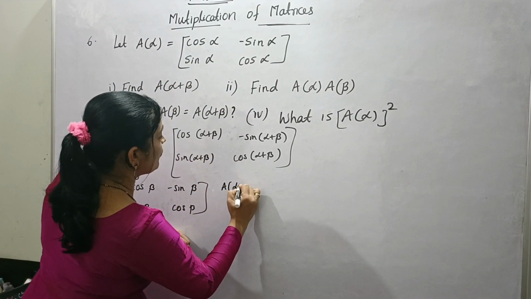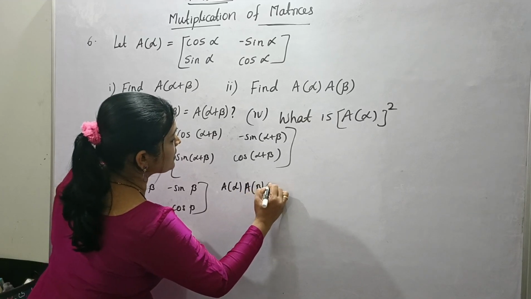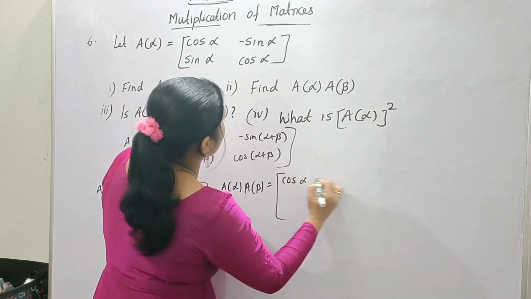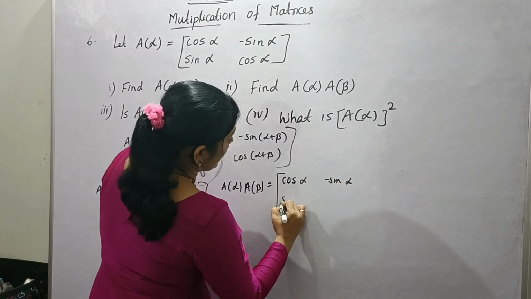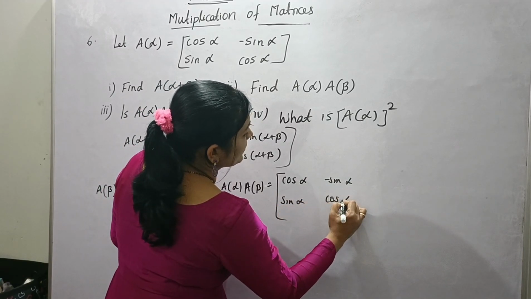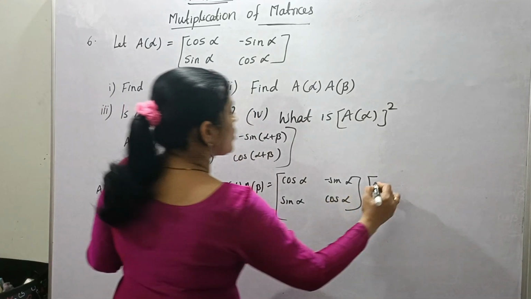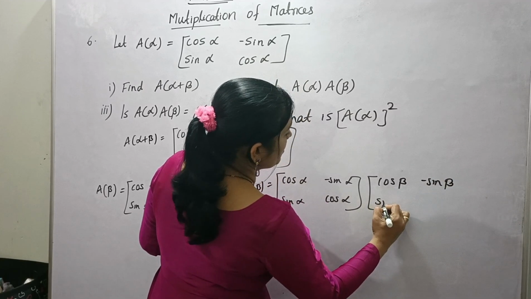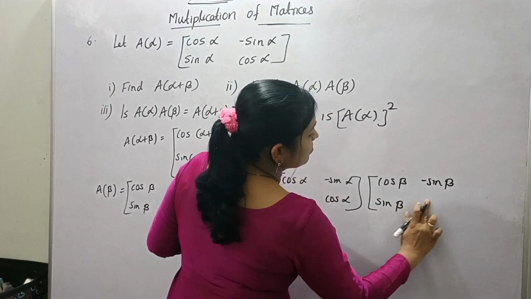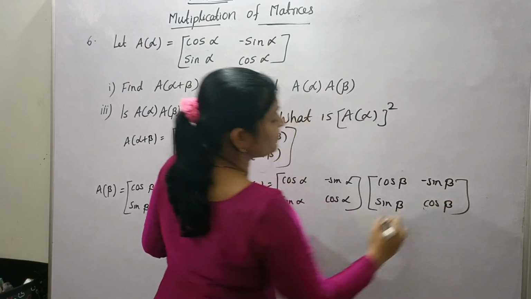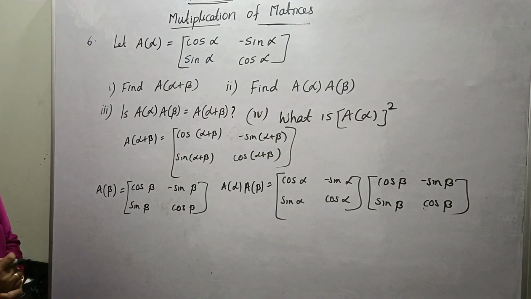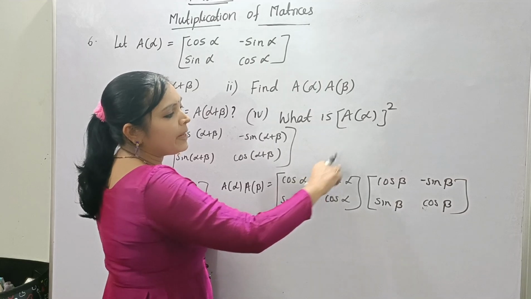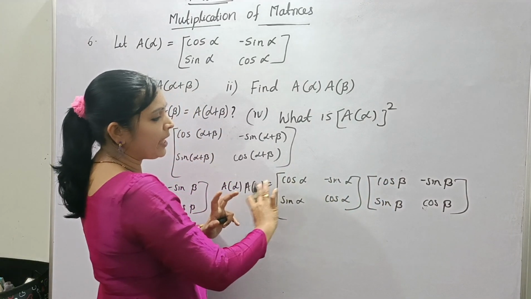That is A of alpha into A of beta, where A of alpha is nothing but cos alpha, minus sin alpha, sin alpha, cos alpha, into the matrix cos beta, minus sin beta, sin beta, cos beta. Okay. Now let us multiply these two matrices.